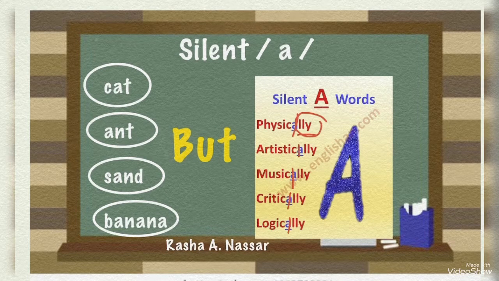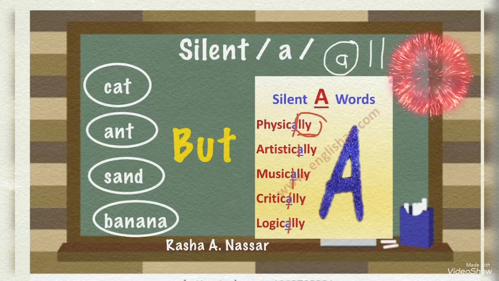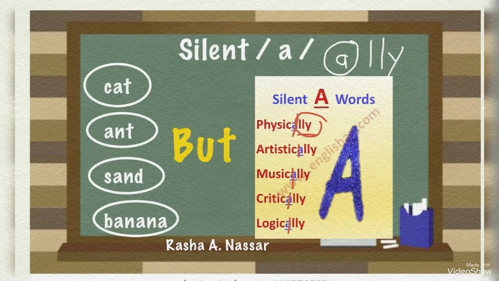So if I see letter A comes before LLY, it will be a silent letter. It will not be pronounced. I will see it in the word, but I will not read it, because it doesn't have a sound in these words.